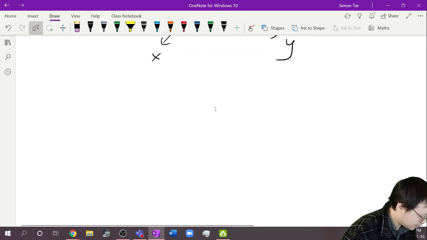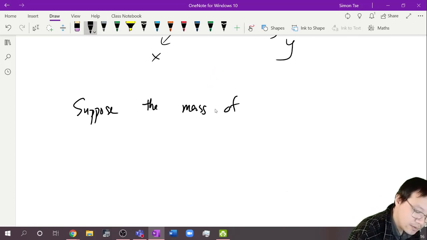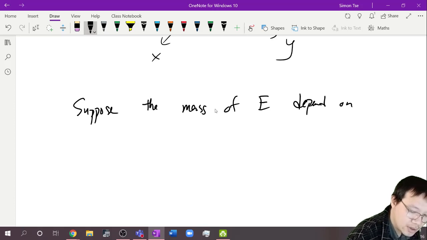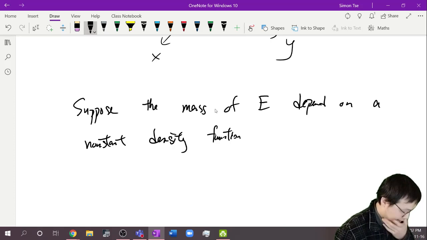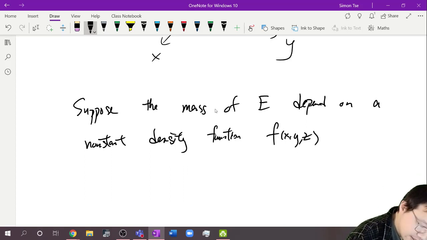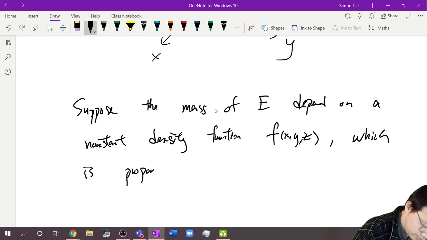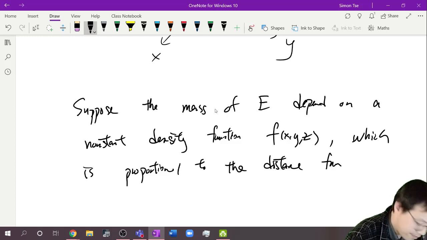Make it slightly harder. Okay, so suppose the mass of E depends on a non-constant density function, which I would write as, I don't use rho, let me just use f of x, y, z, and the density is proportional to the distance from the z-axis.